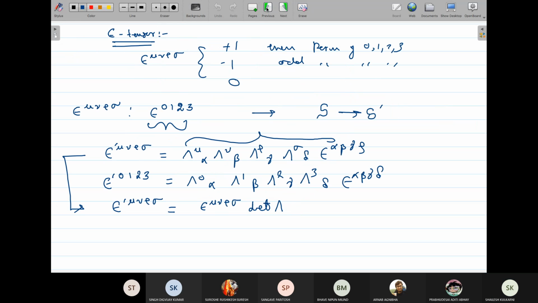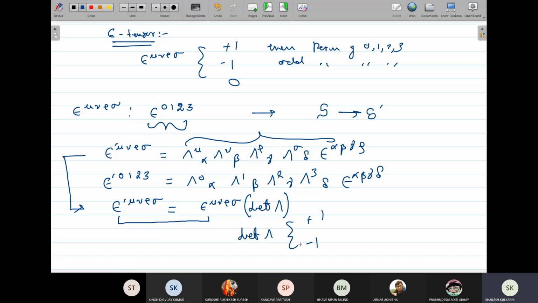So epsilon prime mu nu rho sigma is equal to determinant of lambda epsilon mu nu rho sigma. What it tells you is that this is indeed a tensor, but with this quantity. Now this quantity, as we have seen, is either +1 or -1, right?